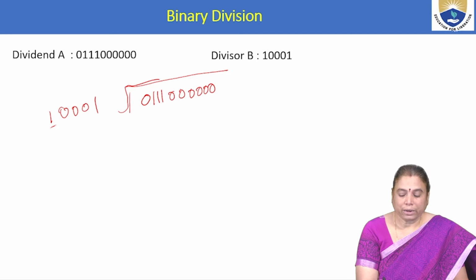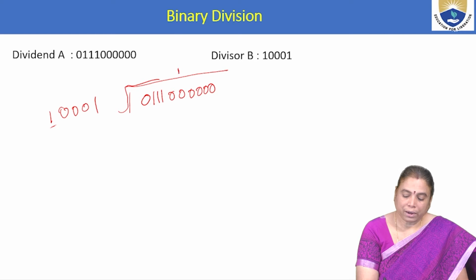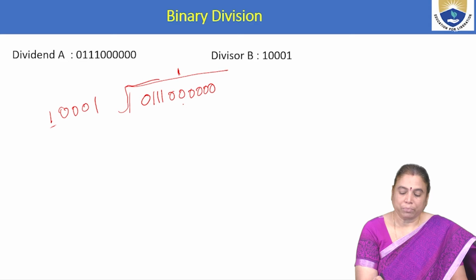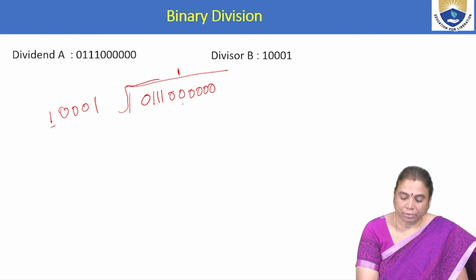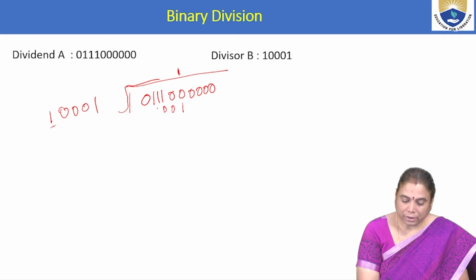When the sixth bit is taken, the dividend is greater. So we write a 1 exactly at the sixth bit position, and we copy the divisor here, because we wrote 1.